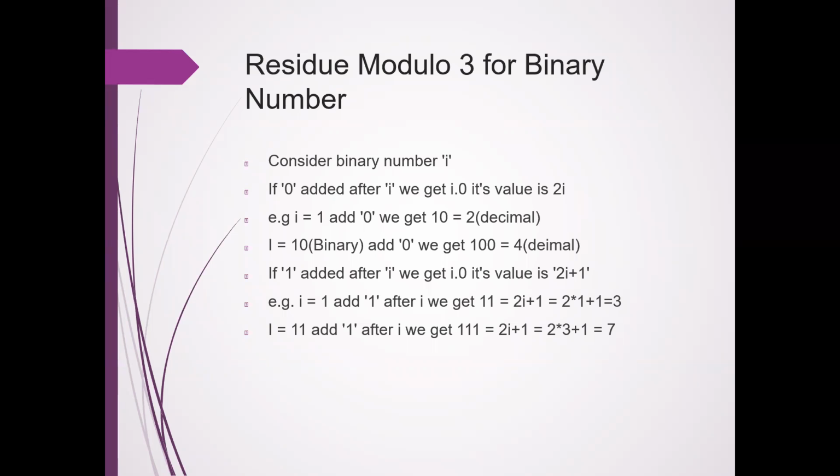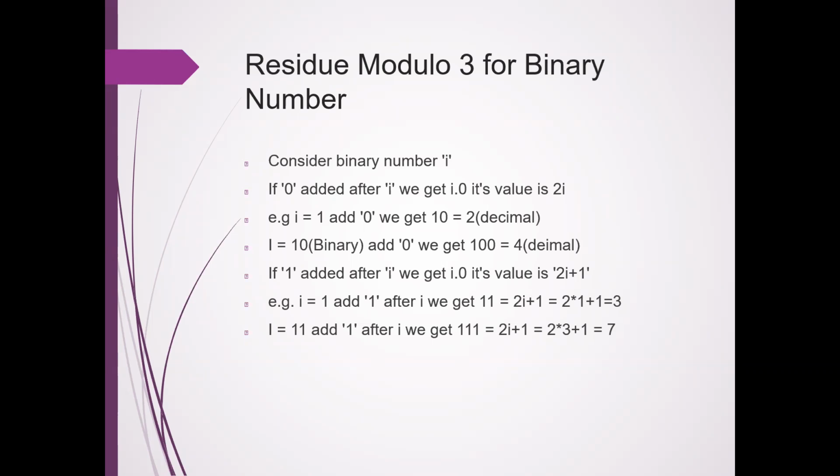Now we will move to the Q2 state. Being on Q2 means you got remainder 2. After 2, the next digit which can get concatenated will be 0 or 1.